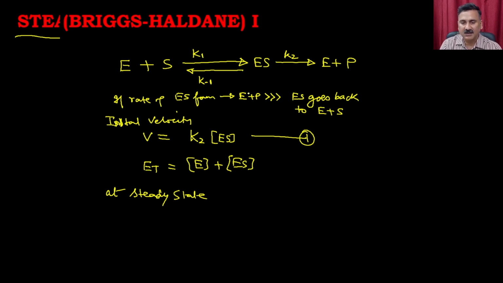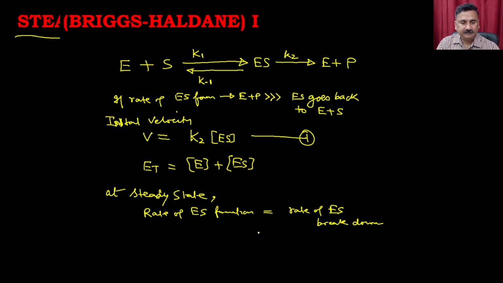So this means the ES is going to be under equilibrium, which means the rate of ES formation is equivalent to the rate of ES breakdown, right? And this means d[ES]/dt is going to be 0, which means it is not going to change, right? So there will be no change, and the rate of ES formation is equivalent to the rate of ES breakdown.